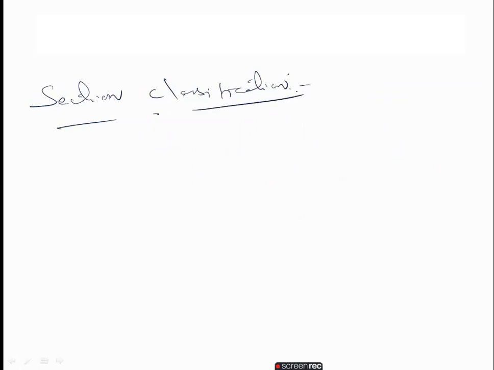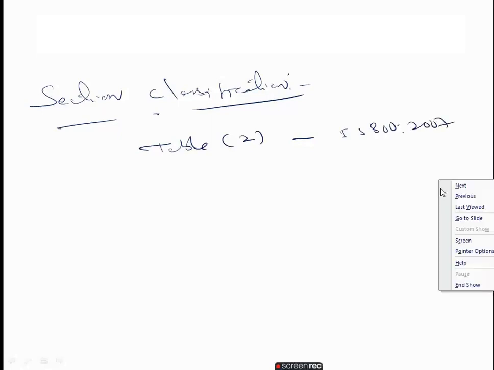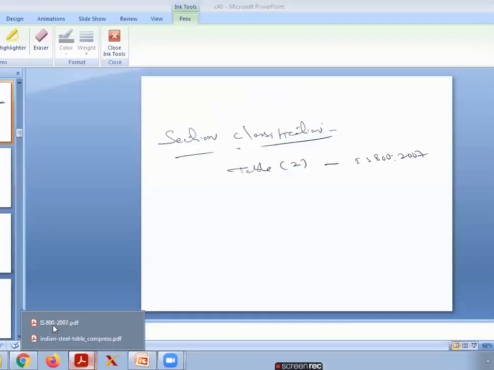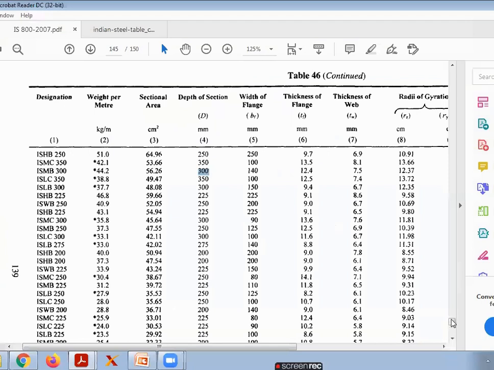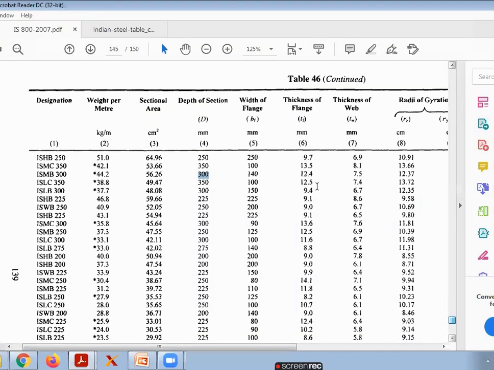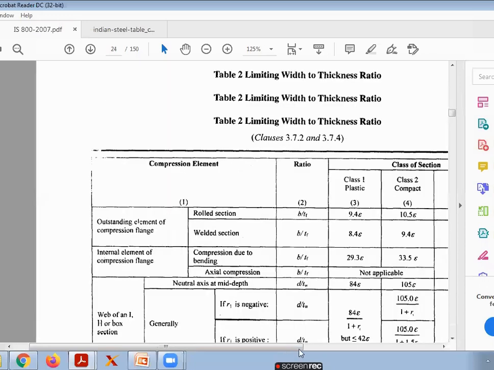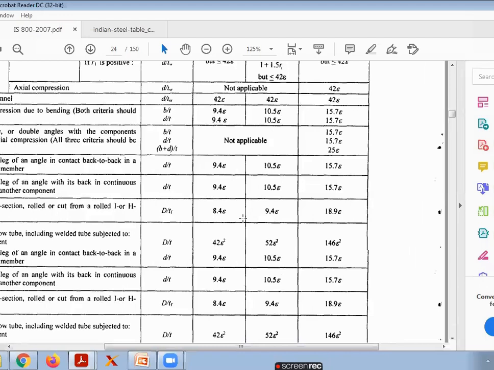So how will we calculate the section classification? There are class 1, class 2, class 3, class 4 sections, and you will find those sections in Table 2 of IS 800 2007. Now I will open that. If you have the code book, please open the limiting width to thickness ratio.